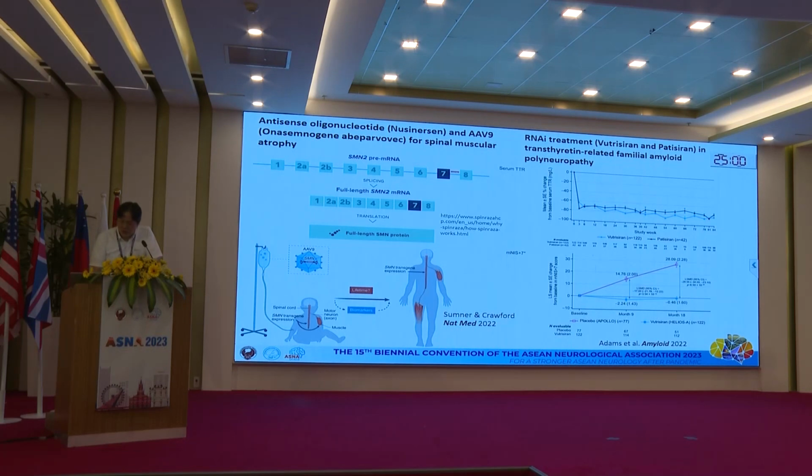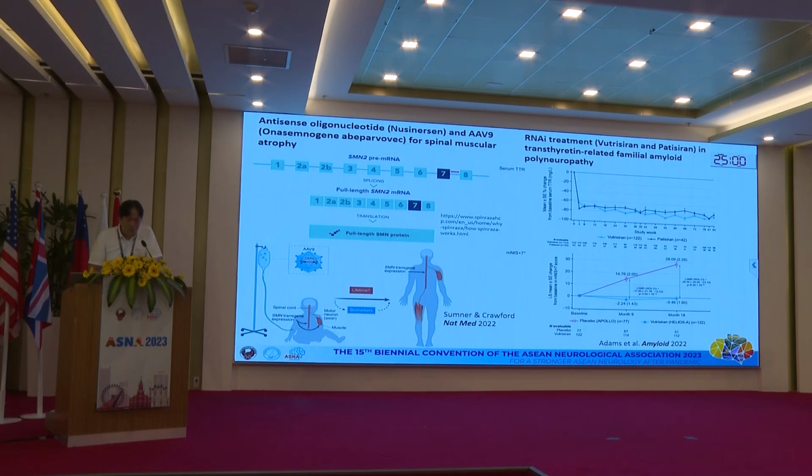In recent years, the development of oligonucleotide therapeutics and gene therapy for genetic diseases has been progressing. In Japan, nusinersen, an antisense oligonucleotide, and onasemnogene abeparvovec, an AAV9 therapy, have been approved for spinal muscular atrophy.